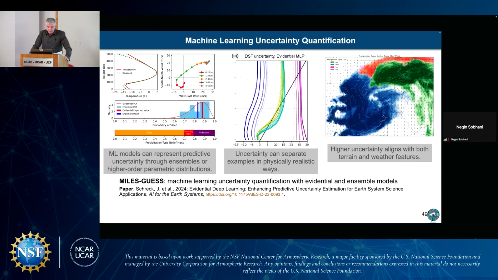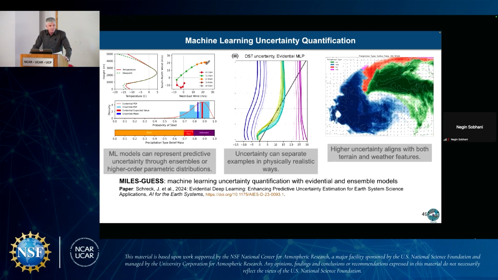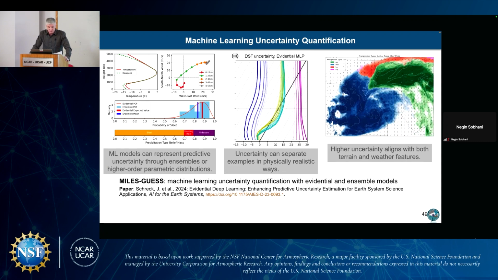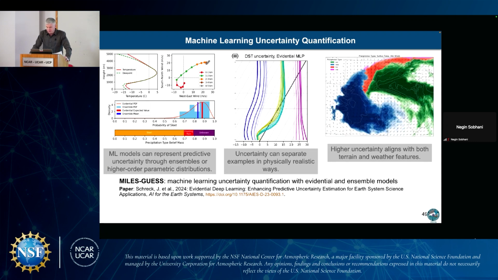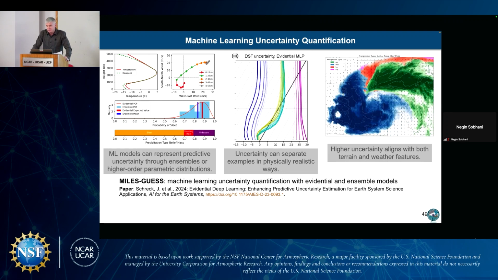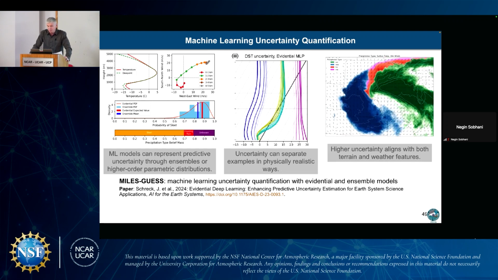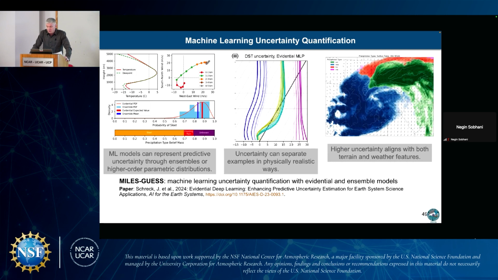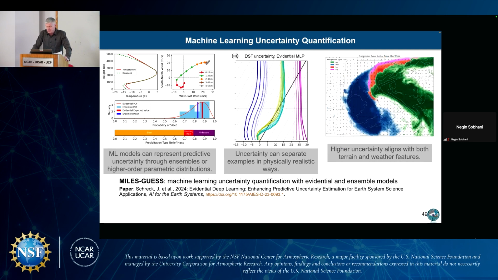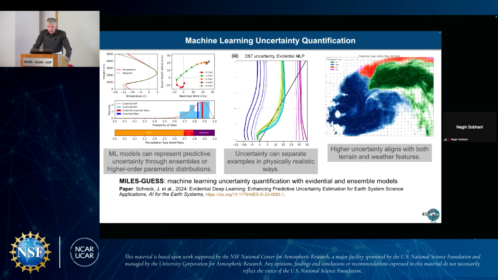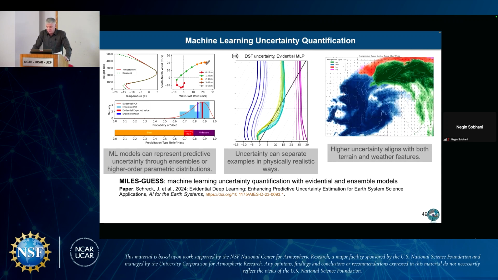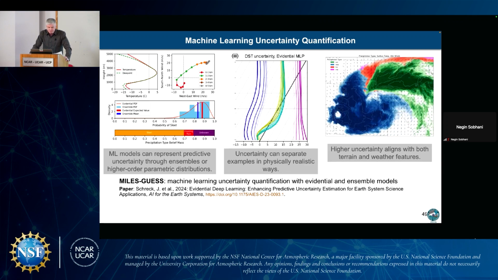And then finally, I'll say something about uncertainty quantification, which is a real important area across the earth sciences. Typically with large physics-based models, this is done through ensembles. The same approach can be used with machine learning emulators. The disadvantage of using ensembles is the additional cost of running multiple simulations.